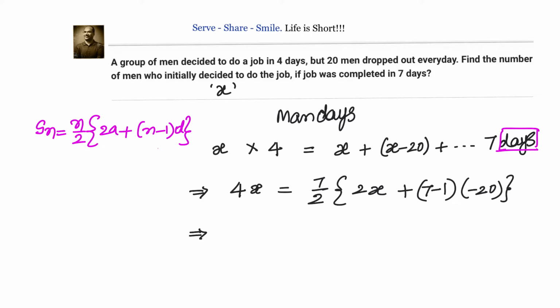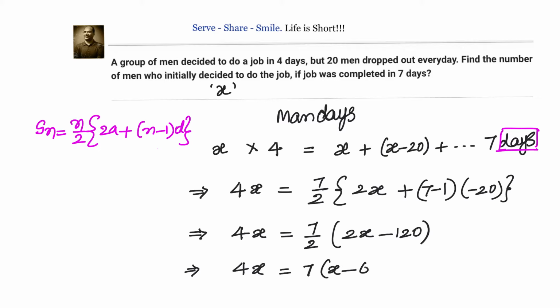Now we solve this, we'll get our answer. 4x equals 7 by 2 into 2x minus 120. Simplify that, we will have 4x equals 7 into x minus 60. Open the brackets, we will have 4x equals 7x minus 420, or 3x equals 420, or x equals 140.